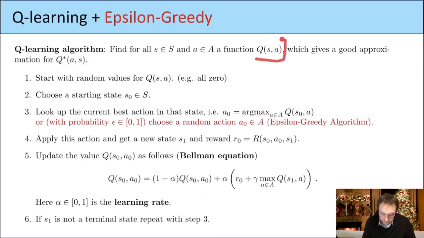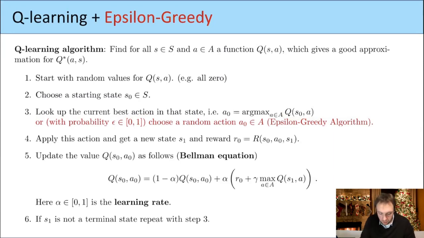And to do so, we try to learn this function Q here, which gives a good approximation for this. And we start with some random values. For example, we set everything to be 0. And then we start at some state. And then we look at all possible actions we can take at this state and we choose the action with the currently highest Q value.